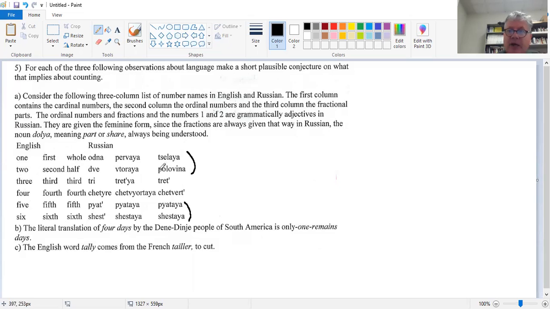So I think this tells us that these higher numbers probably came later than the earlier numbers, and there's something going on with how the ordinal numbers and the fractional parts are basically the same word. So there's some connection there.